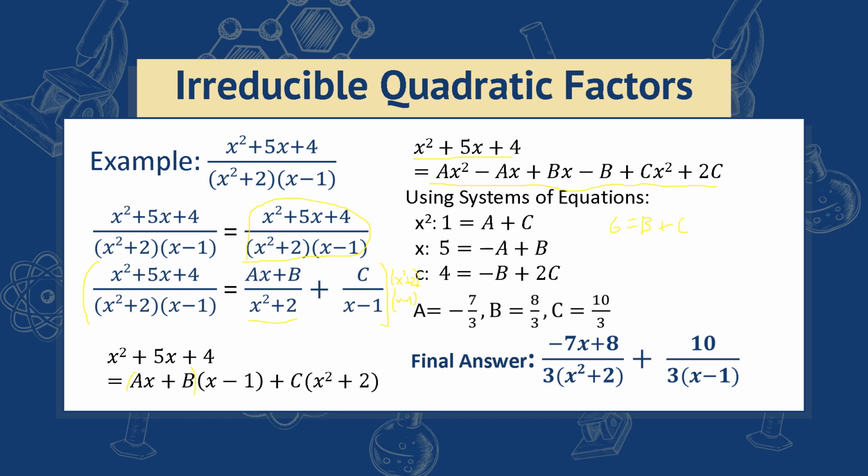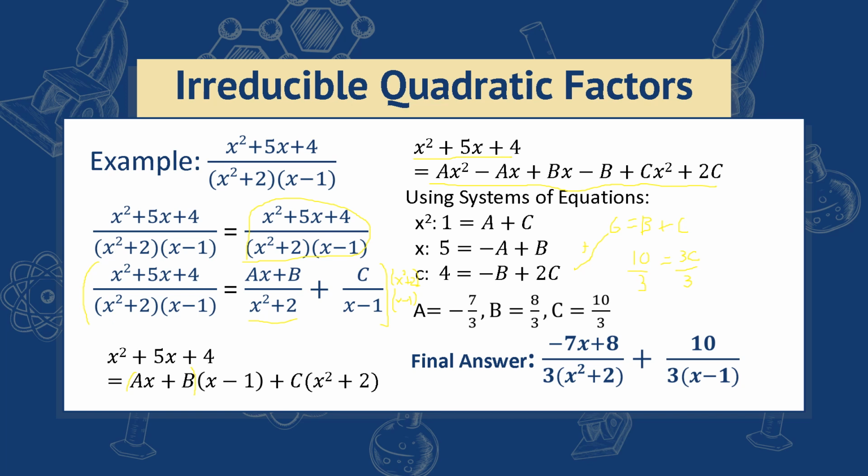Now we have 6 is equal to b plus c, and 4 is equal to negative b plus 2c. We could add those together to remove b, since we have b and negative b. If we add these together, we would have 10 is equal to 3c. If you divide both sides by 3, you would have a value of c is equal to 10 divided by 3.